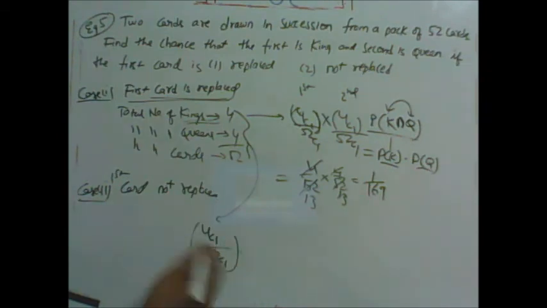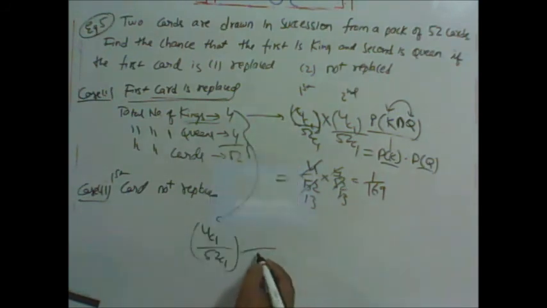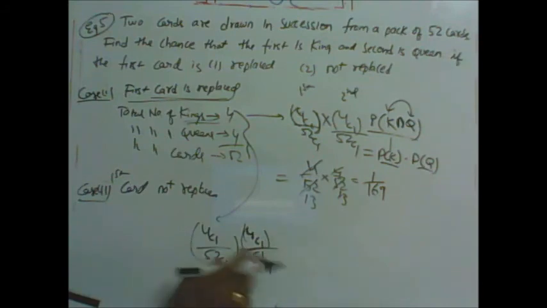As once a card is drawn, it is not replaced, the remaining cards for the second draw is only 51 cards. So out of that 51, one we will draw, and the probability that this one card is queen is 4C1 by 51C1 in the second draw.